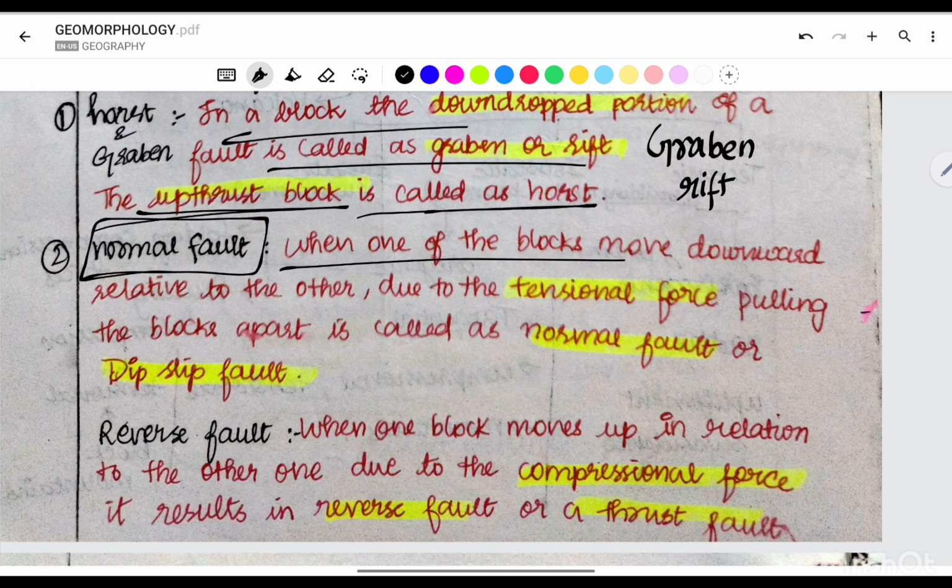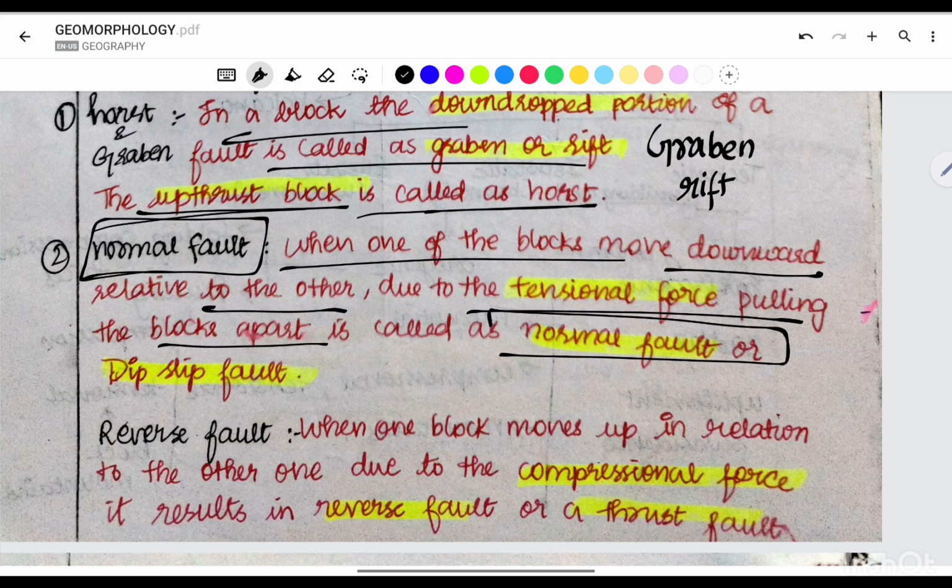A normal fault is when one of the blocks is moving downward relative to the other, due to the tensional force pulling the blocks apart. It is called a normal fault, or a dip slip fault.